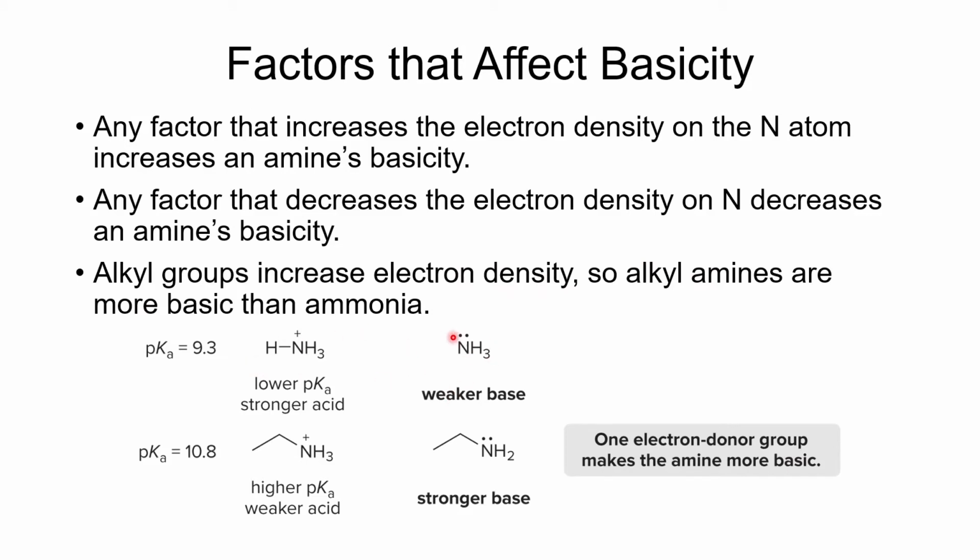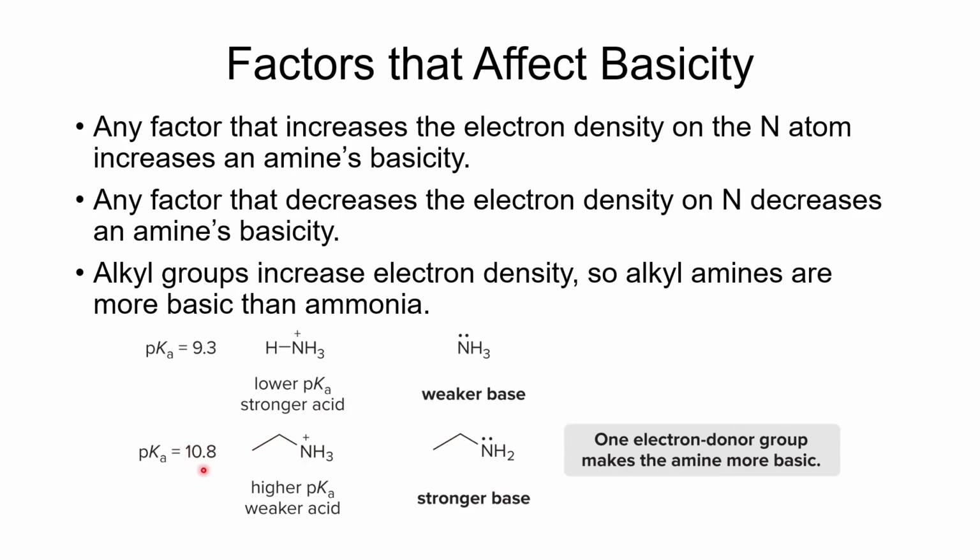So let's look at a standard. This is sort of our control trial here, which is ammonia. Ammonia's conjugate acid is the ammonium ion. It has a pKa of 9.3. If we put an alkyl group onto ammonia, and instead we have, in this case, ethylamine, its conjugate acid is ethylammonium.